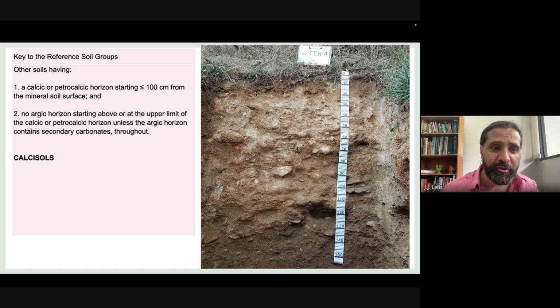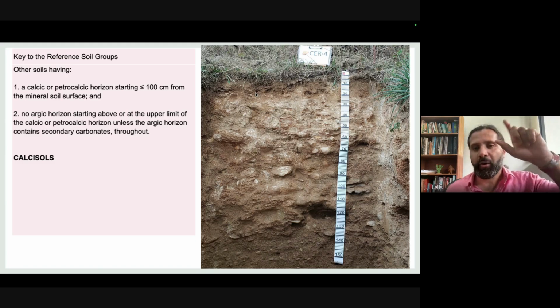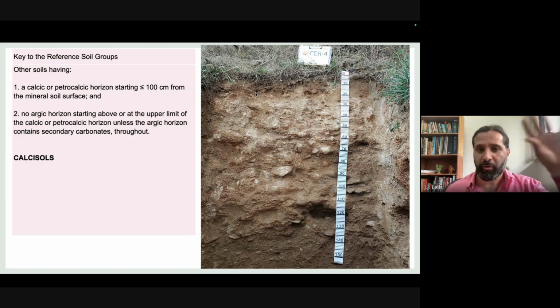The first two register a diagnostic horizon that should be a chernic or a mollic horizon, and these horizons must be above a calcic or petrocalcic horizon or a horizon with protocalcic properties. But in the case of the Calcisols, no, just calcic or petrocalcic horizons without this horizon with a huge amount of organic carbon, with high thickness, with darkish colors, with a strong grade.